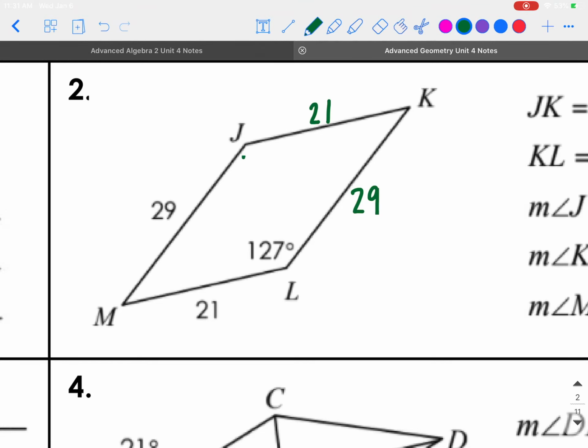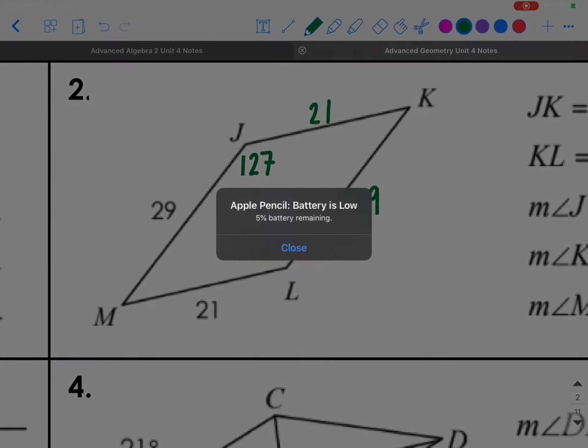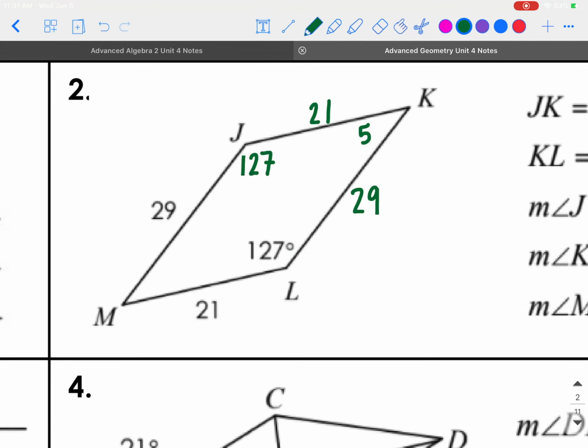And then I know angle J has to be 127, which means that the other two are each going to be 53. Because 53 and 127 make 180. Because remember, these opposite angles are congruent. And these two are congruent.